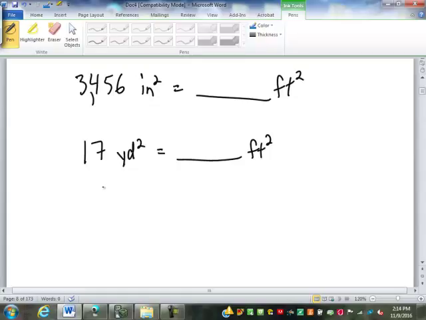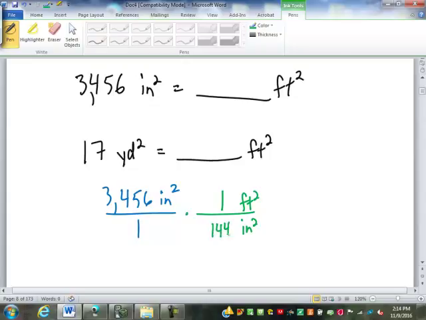Okay, so for the first one, 3,456 square inches. Put it over 1. Over here, square inches have to go on the bottom. We're converting to square feet. What's our relationship between square inches and square feet? 1 square foot is how many square inches?